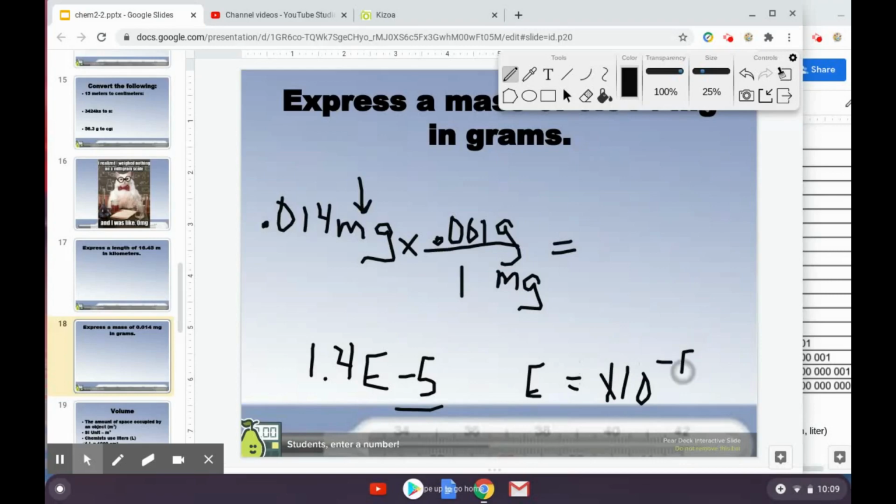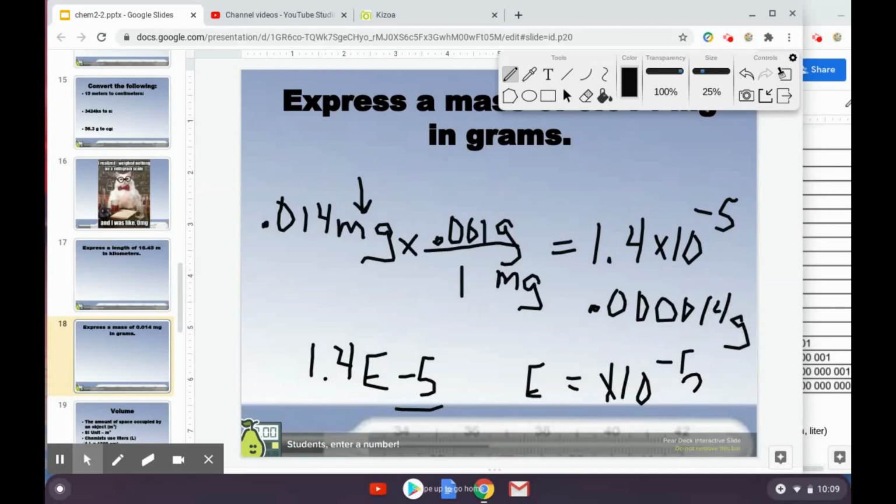So I would actually write this as 1.4 times 10 to the negative 5th. If your calculator didn't do that, it would also possibly give you 0.000014, and that is grams. So either one of these answers would be correct.